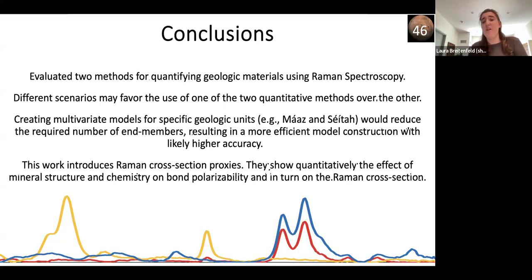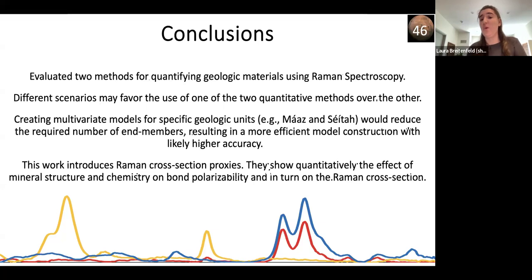Creating the multivariate models may be more useful if it's more specific to geologic units. So in the case of Mars, making these models specific to Mars or in situ might be more useful in reducing the required number of end members, which would result in fewer mineral mixtures that would need to be analyzed, more efficient model construction, and higher accuracy.